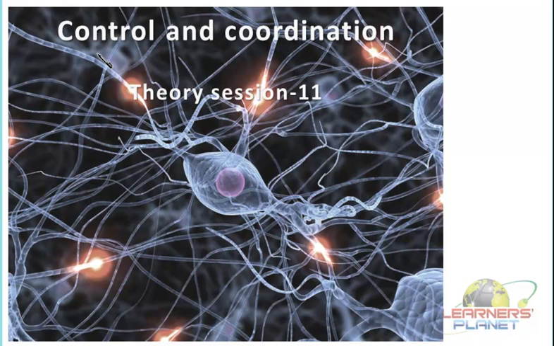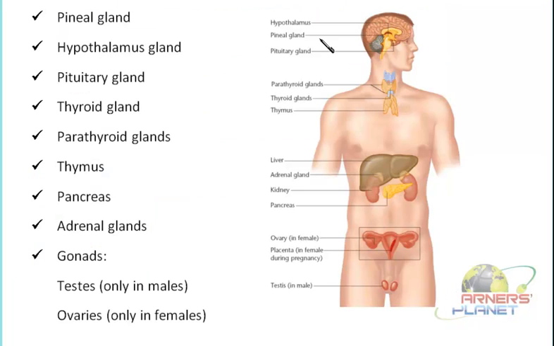In the previous session we had already explained the various locations in the body where these glands are situated. Let us review that diagram, and then we will continue further. These are the various glands present in our body: hypothalamus, pineal gland, pituitary gland, parathyroid, thyroid, thymus, liver, adrenal gland, pancreas, not the kidney, right?